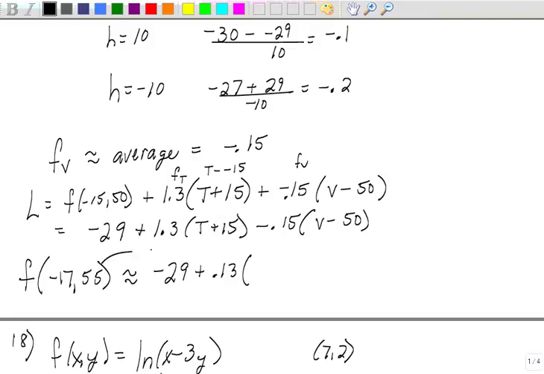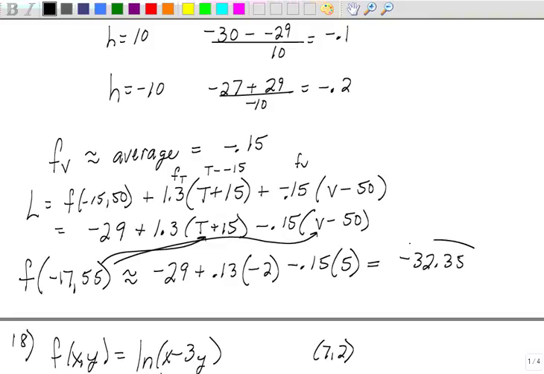So if I plug that in here I get a -2. I get a 5 here. If I use my calculator, that's -32.35. So that's the approximate function value by using the tangent plane to the curve at the point around (-15, 50).